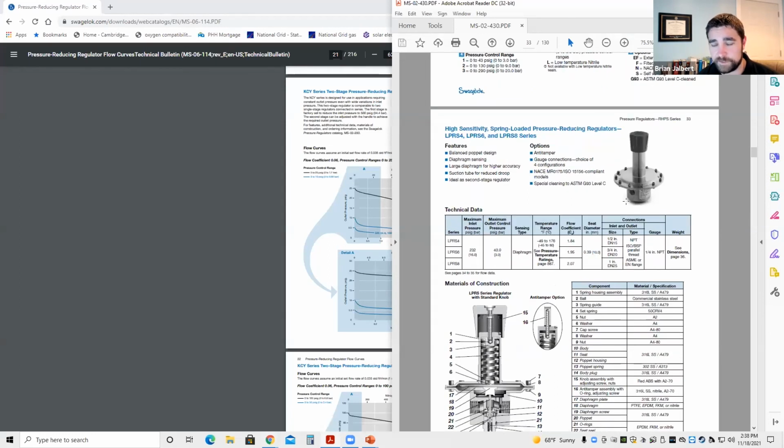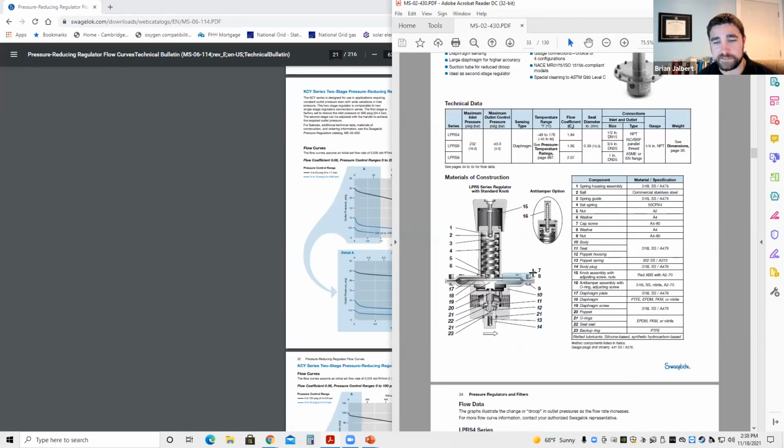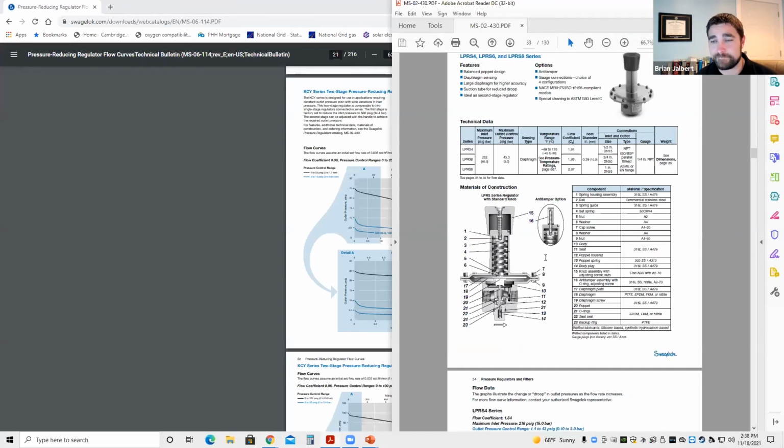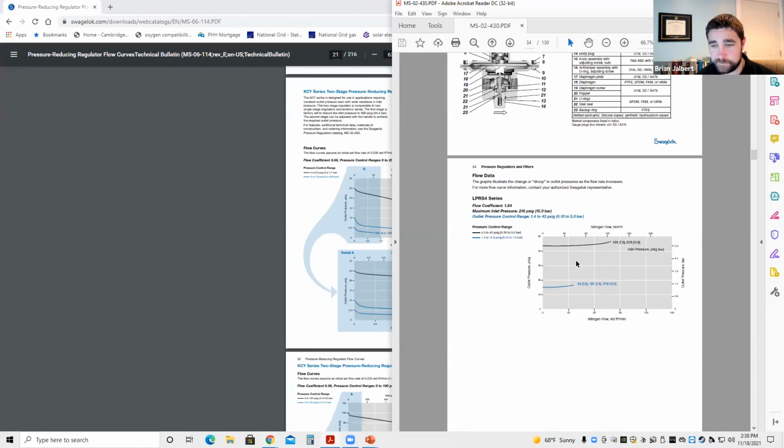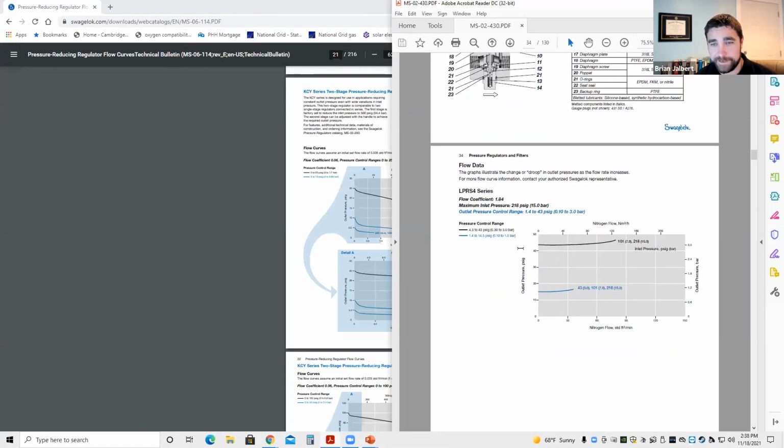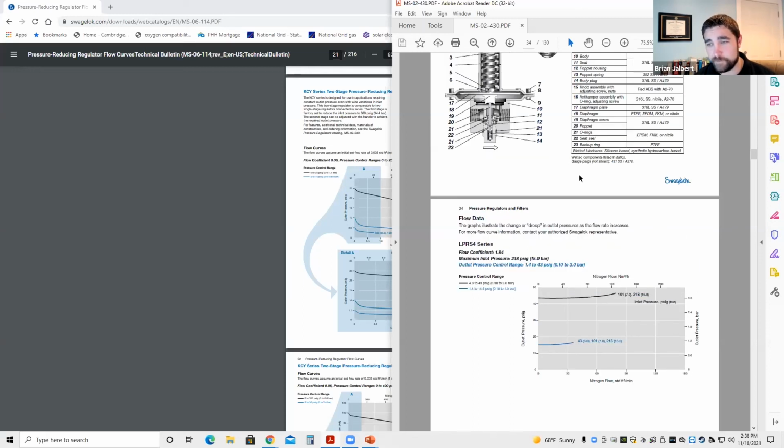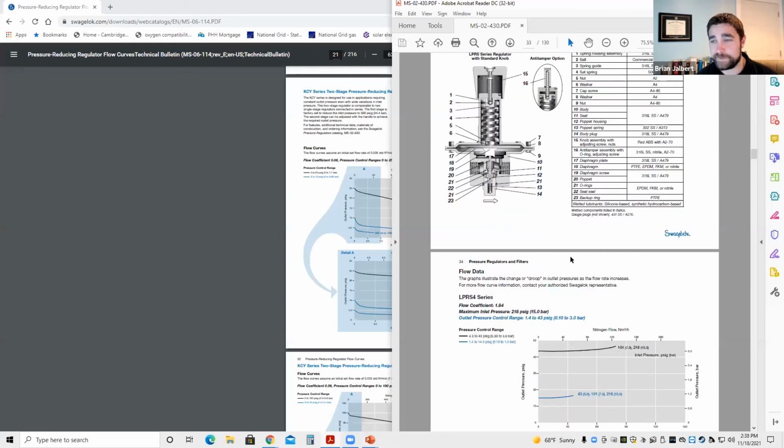It's very similar to the one you saw earlier, except it has a very large sensing element, and that dramatically reduces lockup and supply pressure effect. It's extremely accurate as well. You can see the flow curves actually go in a reverse direction, and that's because of a suction tube, which I don't have time to cover here, but it allows those regulators to be very accurate over the entire flow control range, provided you don't need more than 50 PSI.